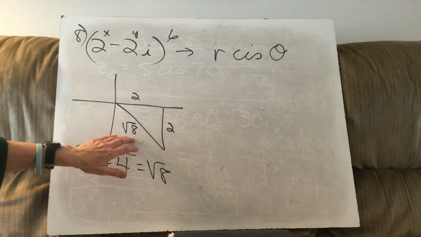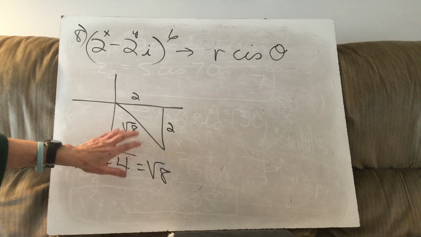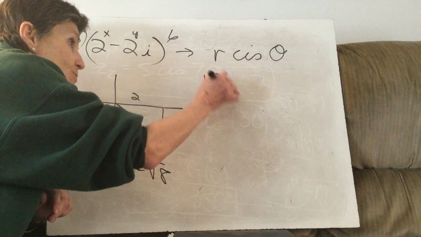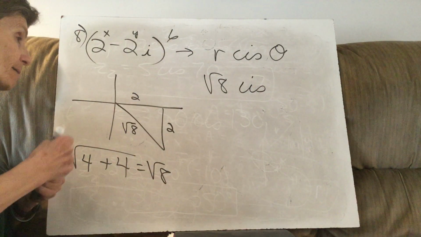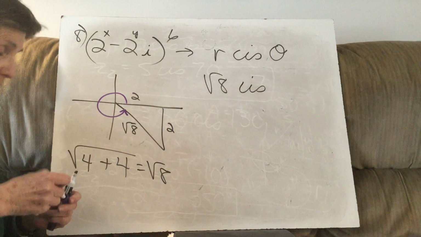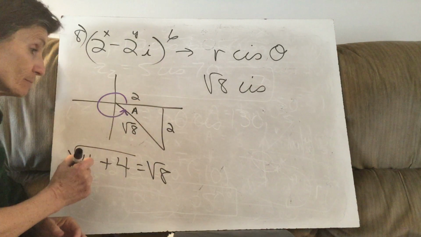This is not my answer. I would never put this down in the answer blank. I'm working my way toward the answer. So my r is root 8. And now I need my theta, which is this right here. So I'm going to find my a.